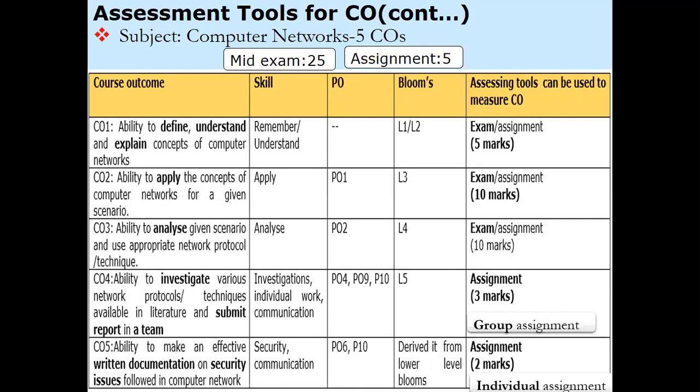What are the marks? 40 plus 60, 100 marks. For the 40 marks, what are the assessment tools, like a mid exam, any other? Only mid exam normally as far as theory is concerned. Two assignments and two mid exams will be there.